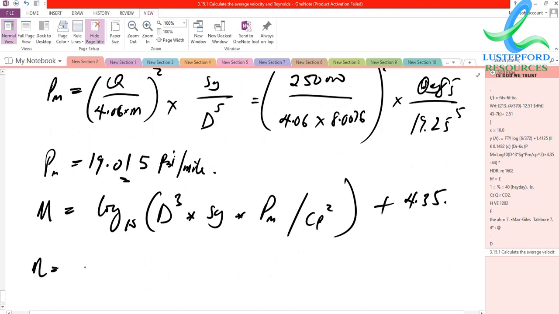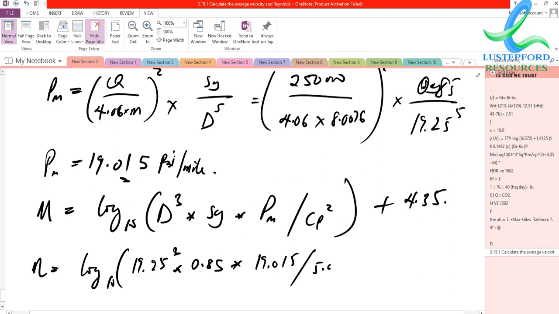We want to calculate our M. So we have log 10, we have 19.25 cube, times 0.85 times 19.015 divided by 5.015 square plus 4.35.